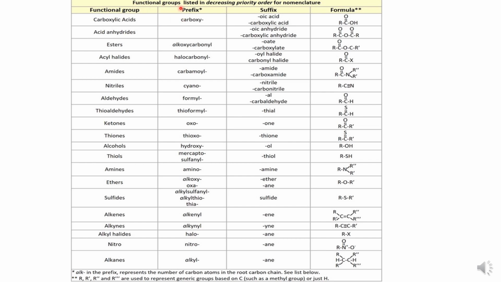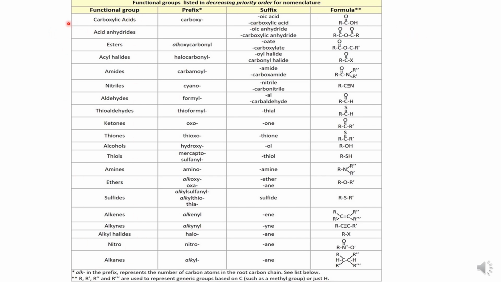Here you can see the table in which different functional groups are mentioned. These functional groups are listed in the order of decreasing priority for nomenclature. It means the group written at the top, carboxylic acid, has the highest priority, and the alkanes have the lowest priority.